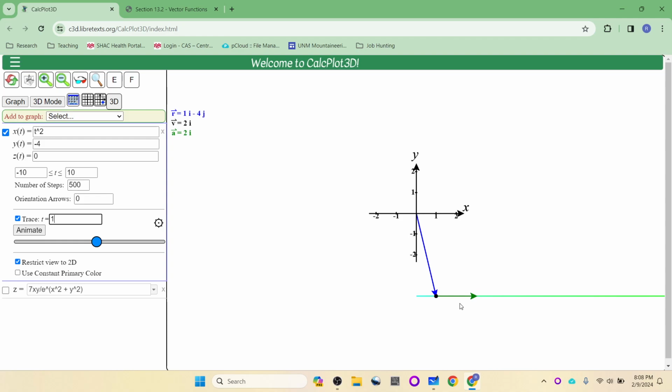And this second arrow is, in fact, the velocity. Plug in t equals -2. And you push animate and watch it move as time goes by. Oh, there's 2 arrows. I think one is velocity and one's acceleration. Okay, so since it's moving left, this black one is the velocity.